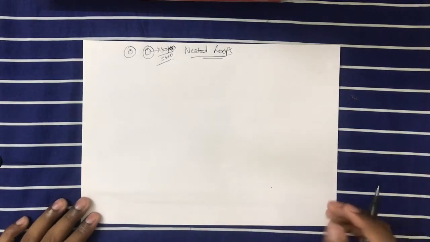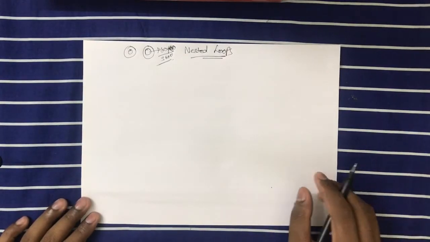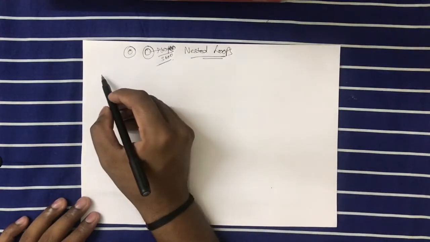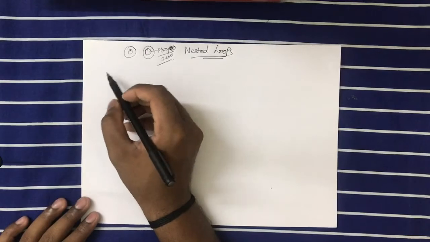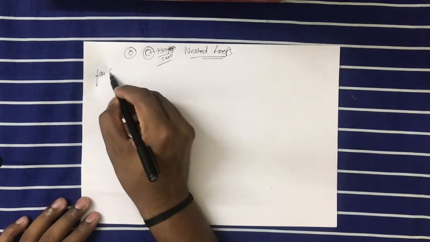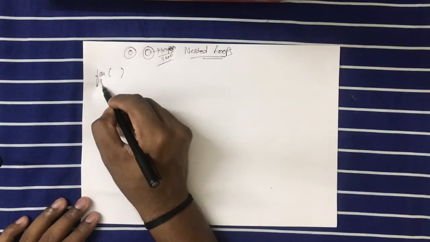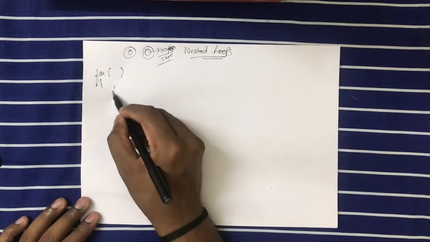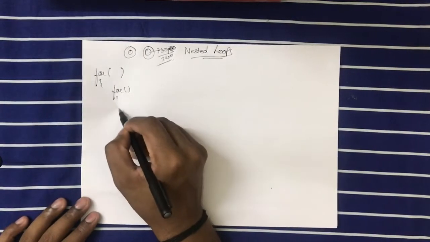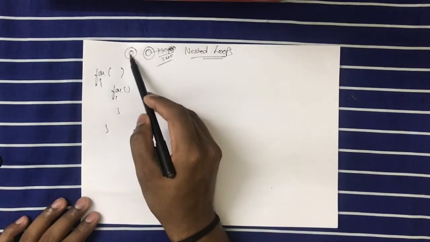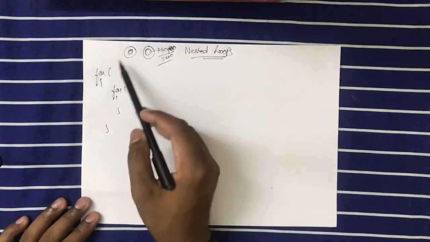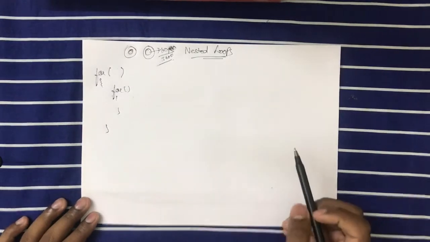I will show you some examples of syntax. Say if I need to show the syntax of this nested loop, it would look like this: for loop and one more for loop. So this inner loop is the inner loop seconds, and the outer loop is the outer loop, the minute one.